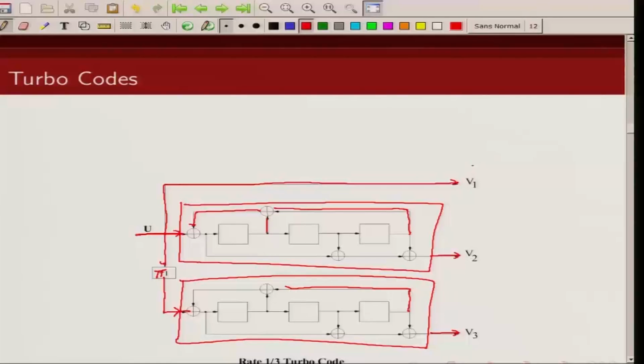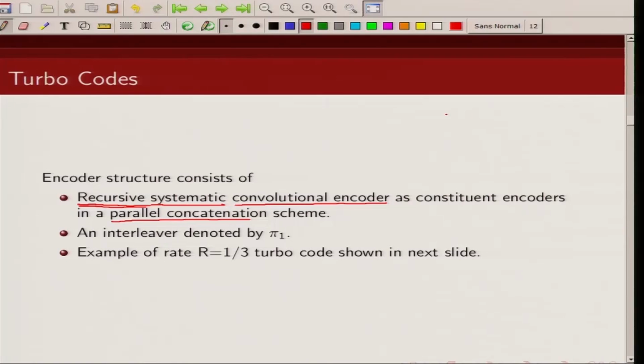We know that we would like to have a large minimum distance for these codes, because the larger the minimum distance, the better is the error correcting capability of the code. So, let us consider a very simple case. Let us consider a memory 1 code.